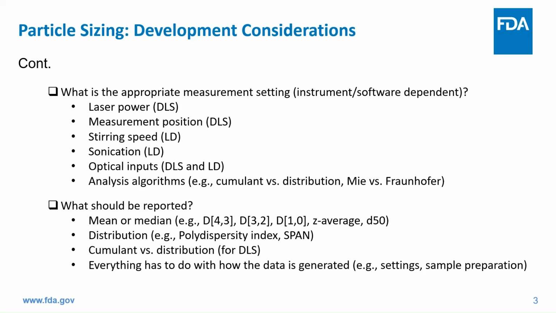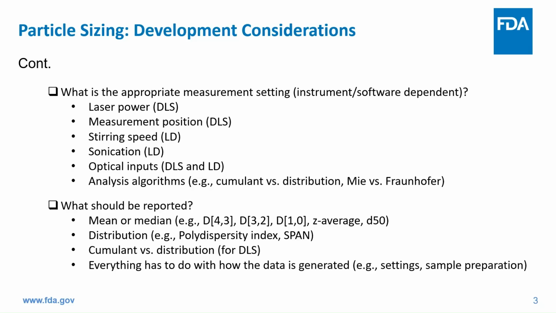The second way to analyze DLS data is by analyzing the distribution, applying a certain level of regularization and assuming multiple distributions, which gives you D10, D50, D90. So it's either Z average and PDI, or D10, D50, D90. Those are two different ways to analyze the DLS data. And of course, in laser diffraction, we talk about Mie theory and Fraunhofer theory, which apply to different particle size ranges and different shapes, etc.